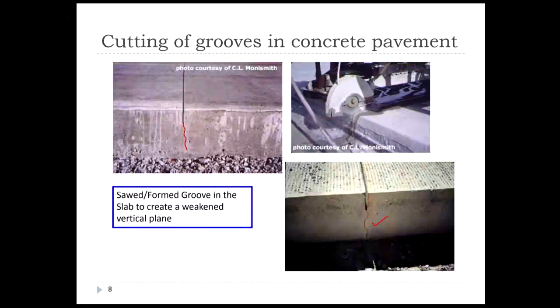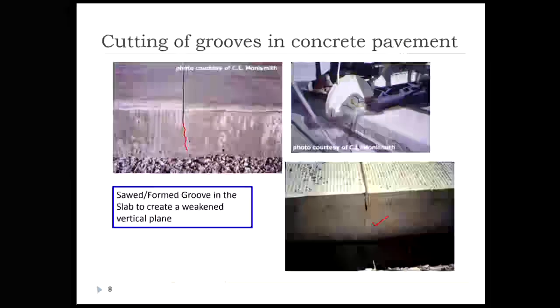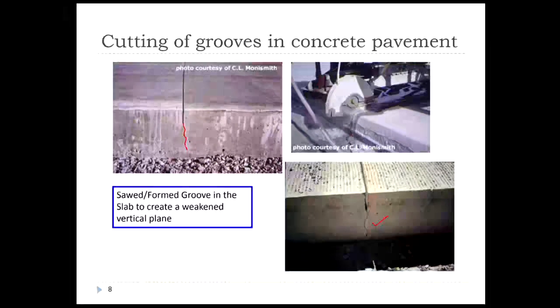Now we need to understand how load transfer occurs from one panel to another panel. Now, in the case of a conventional concrete pavement, say suppose if I'm talking about a low volume road, you may not find, or you will not find, dowel bars across these transverse joints.